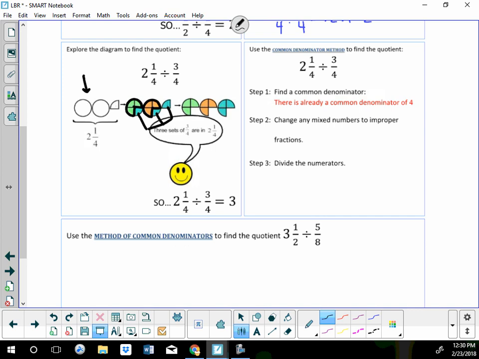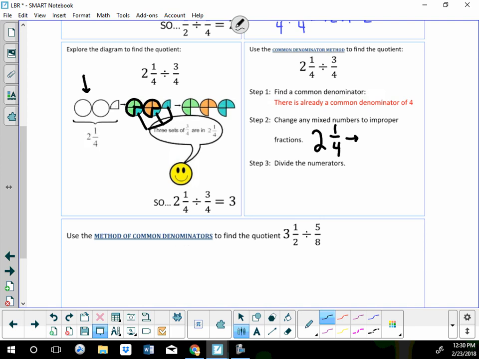Let's check this using that common denominator method that we learned about. So our first step is to find a common denominator. We already have that, so we can skip that for now. Our second step is to change any mixed numbers to improper fractions. Crew, will you help me out? We have 2 and 1/4. What is that going to be as an improper fraction? You can tell me. 9/4. 9/4, right?